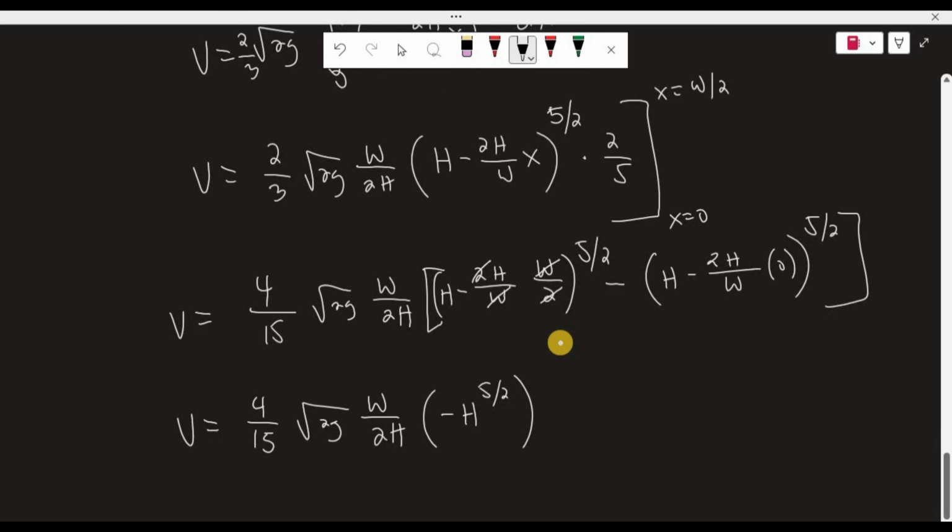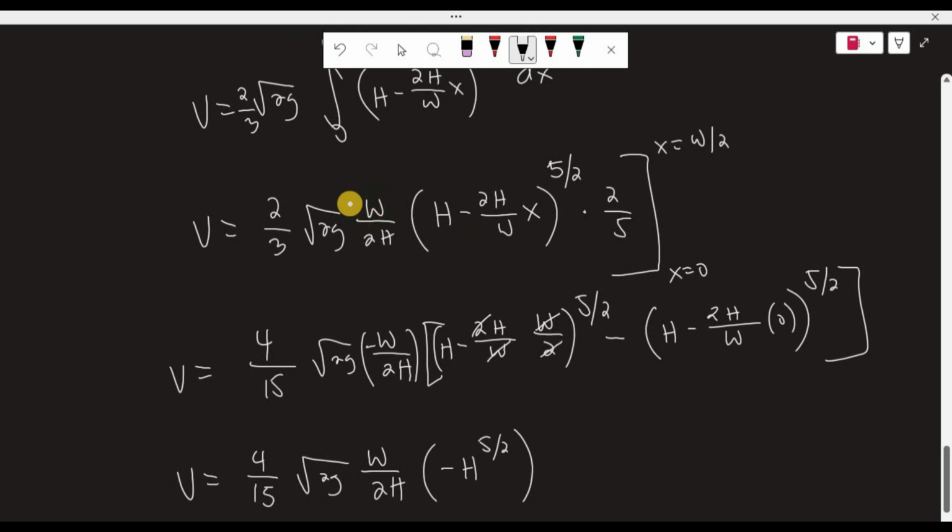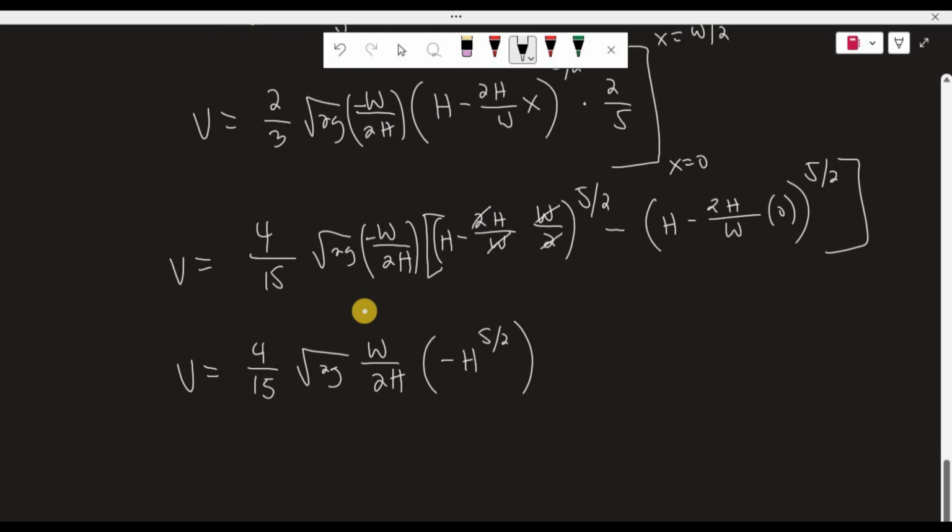Okay, so we forgot to put the negative sign here because the derivative of the inside function is negative 2h over w, and we reciprocate the negative. So that is negative here, and here is negative.